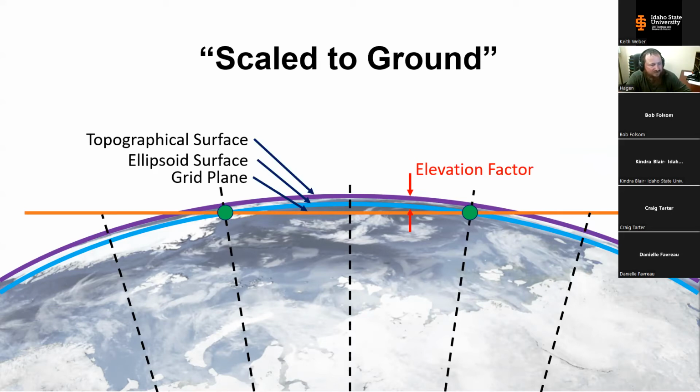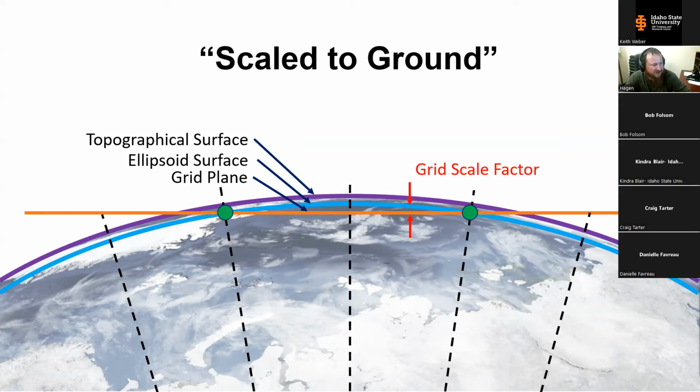The first scale factor is what we call the elevation factor, and that's based on our elevation or our height above the ellipsoid. To get from the topographical surface down to the ellipsoid, we have to compress those distances, and then to go from the surface of the ellipsoid down to the grid plane, we have to compress those again, and that's what we call the grid scale factor.